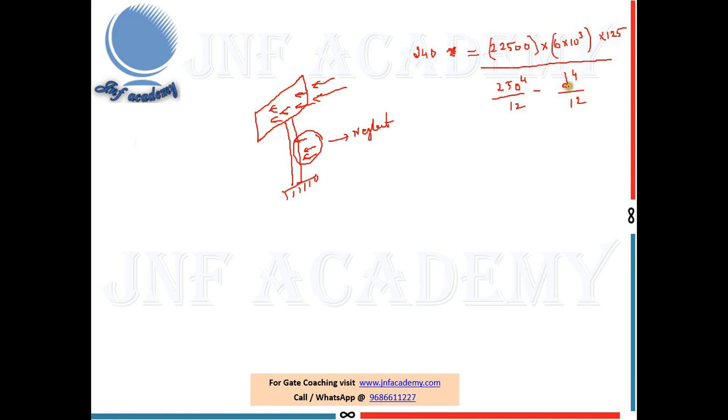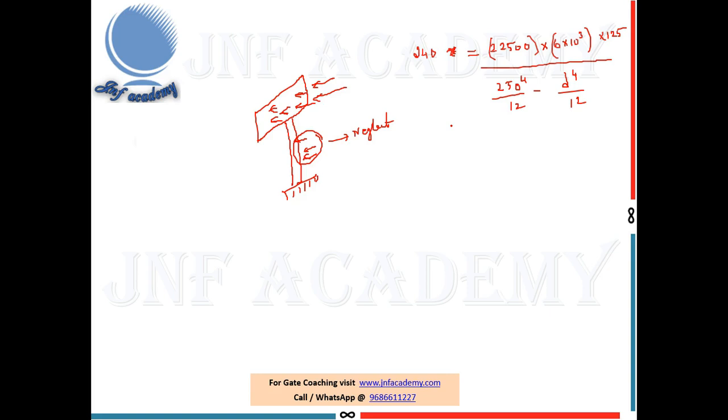So here the only unknown is the inner side d. Now let us simplify. 22500.